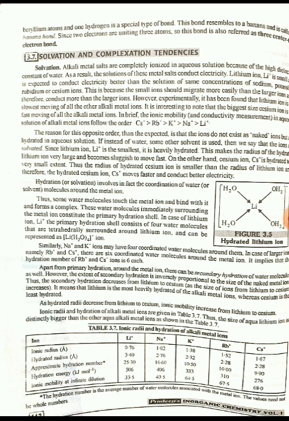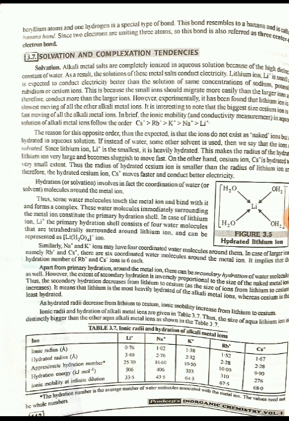This makes the radius of the hydrated lithium ion very large, and it becomes sluggish to move fast. On the other hand, cesium ion Cs+ is hydrated to a very small extent. Thus, the radius of the hydrated cesium ion is smaller than that of the hydrated lithium ion, and therefore the hydrated Cs+ moves faster and conducts electricity better.